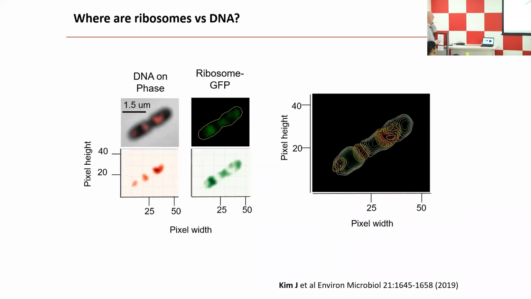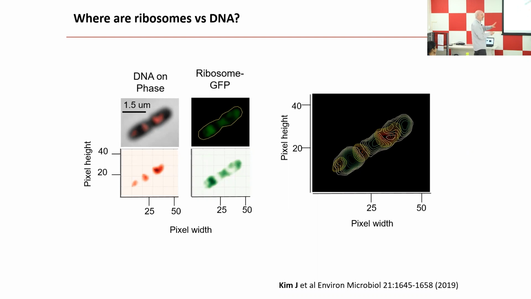We can use the same technology to look at the ribosomes, and what you observe is that the ribosomes are also distributed in specific locations. They are not all over the place, and you can see that the locations where the DNA is are not the locations where ribosomes are.